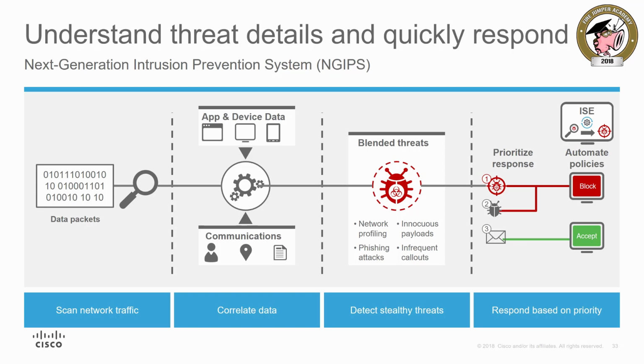By automatically correlating behavior information with the vulnerabilities that your network assets contain, the next-gen IPS can assess each threat and prioritize which intrusion events are impactful and should be immediately investigated.